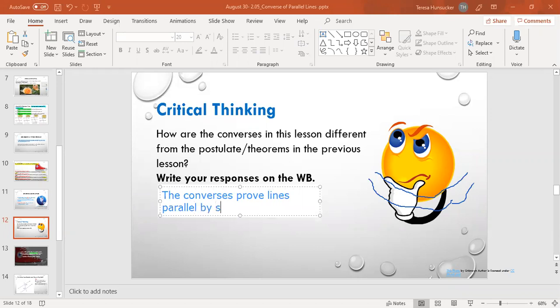By showing corresponding angles are congruent. And I could go on and on. I could say, and same side interior angles supplementary.